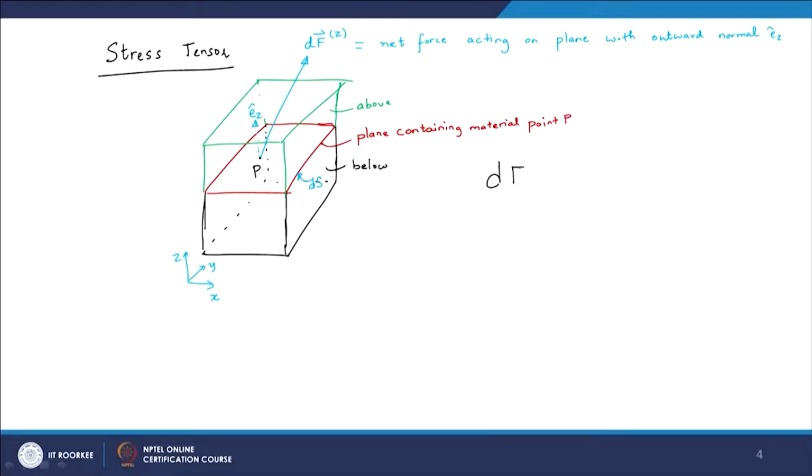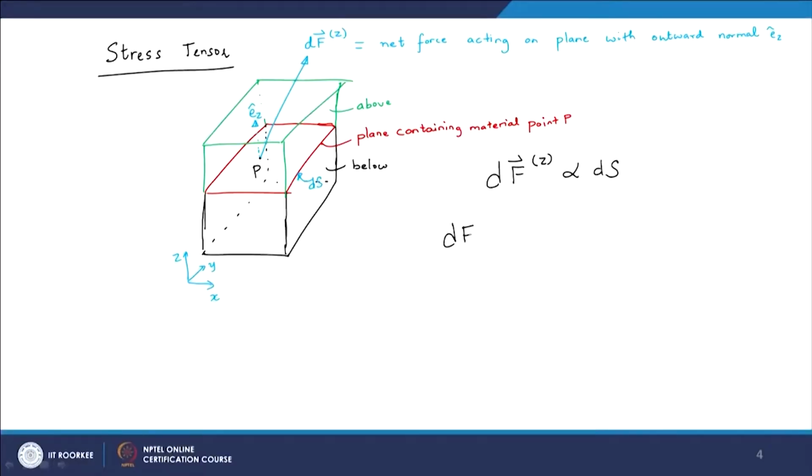So, whatever net force acts on the plane will increase as the area increases, as the number of molecules increases. It is not difficult to think that the force should be proportional to that, because there is no other reason why it should not be linear, right. So, as the area is increasing, the force is increasing.